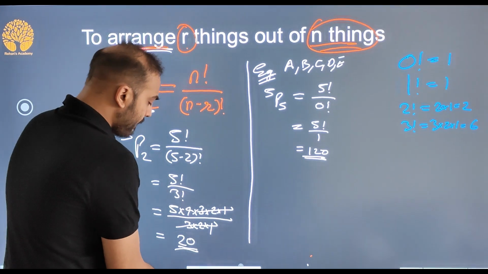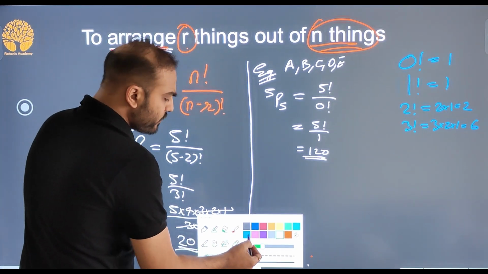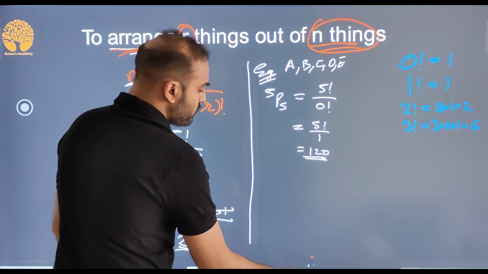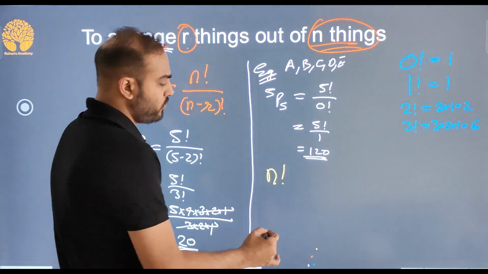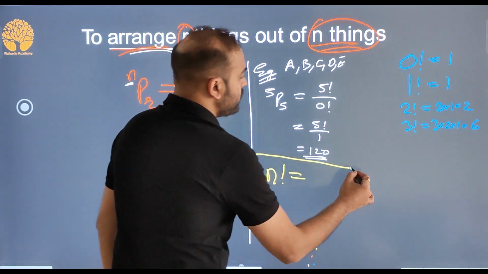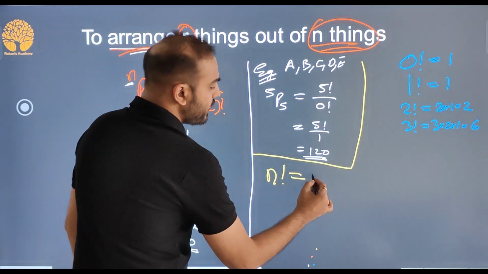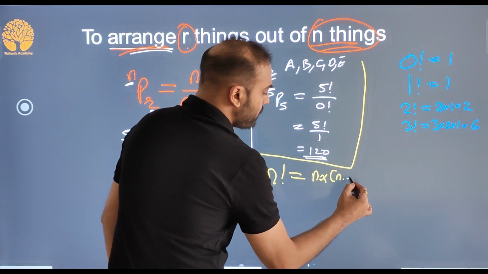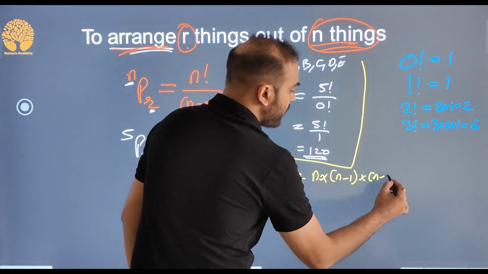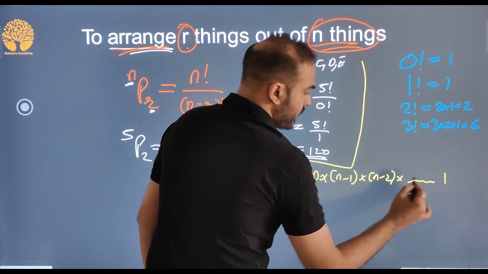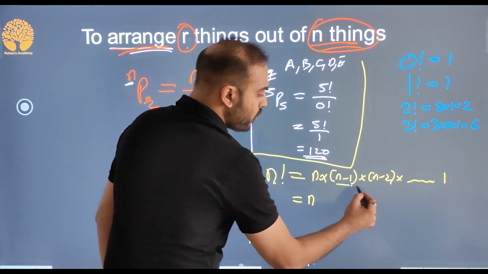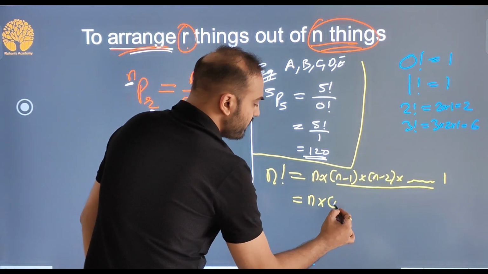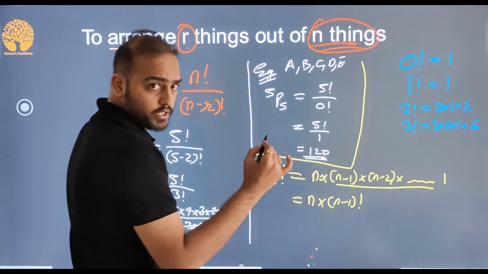Now, one thing with respect to your calculations: remember n factorial can be written as n into n minus 1 into n minus 2 up till 1. If I just take this n as it is, all of this combined is n minus 1 factorial.